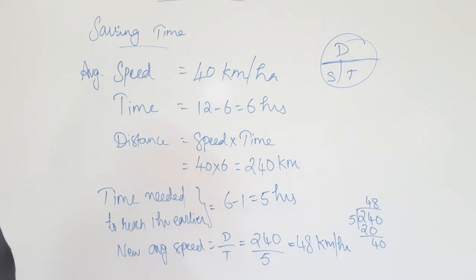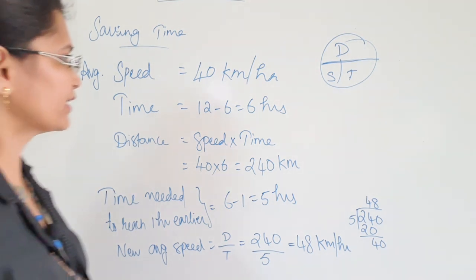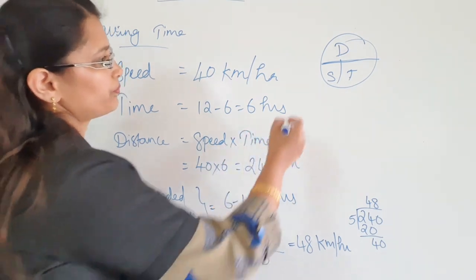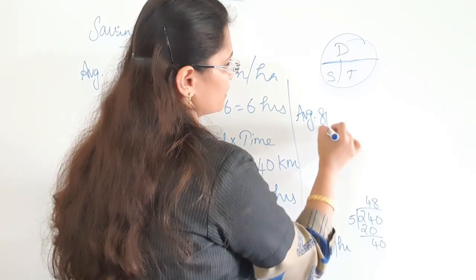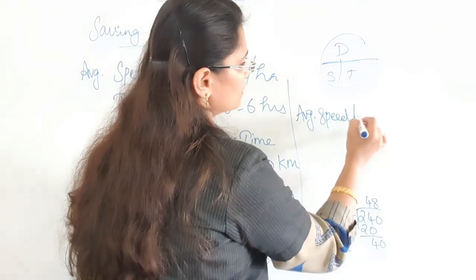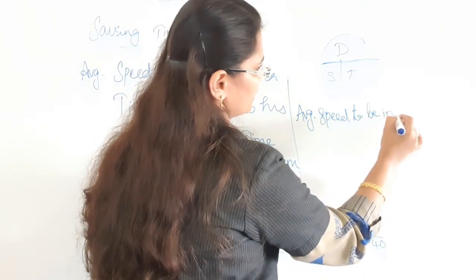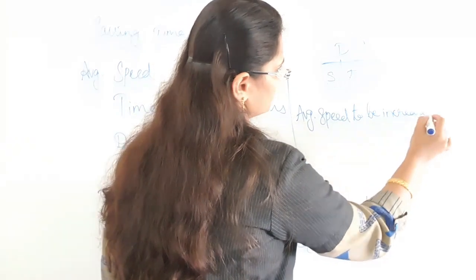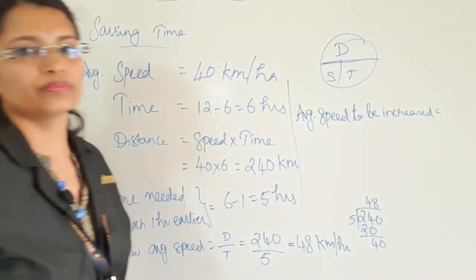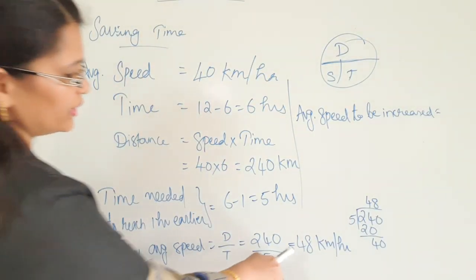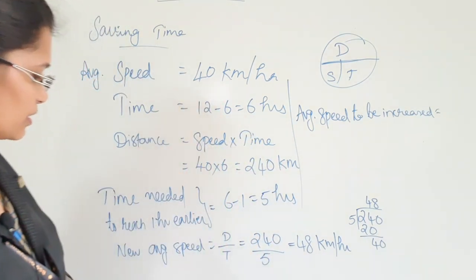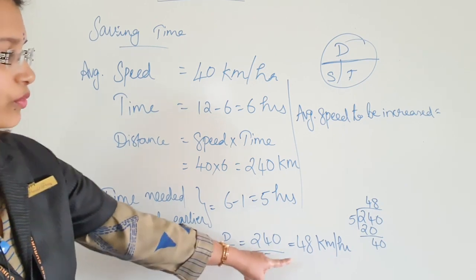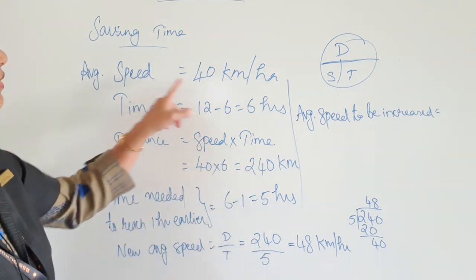So average speed to be increased is equal to what? Average speed to be increased is equal to 48 minus 40. This is the new average speed, right? 48 and then 40.